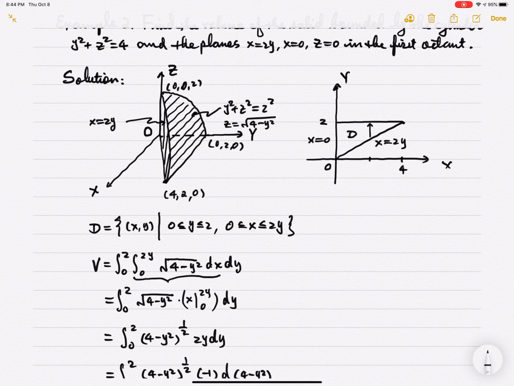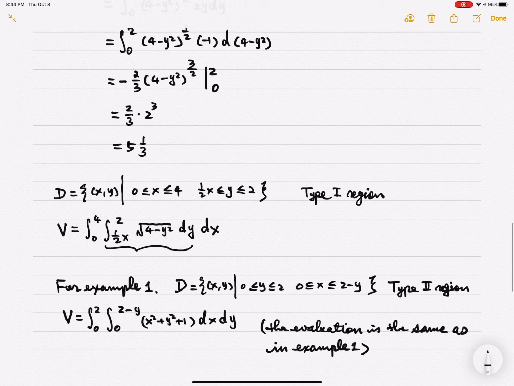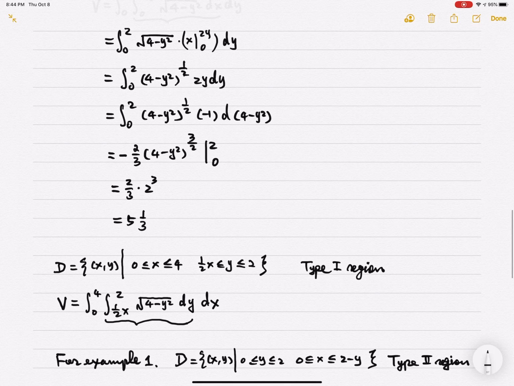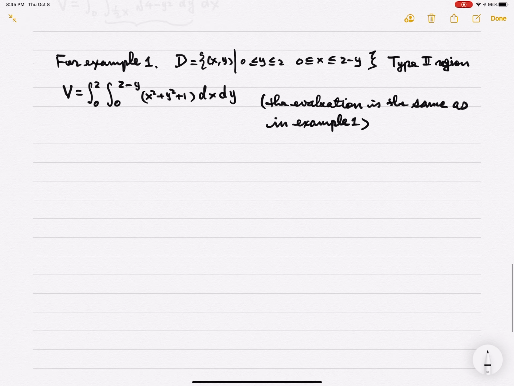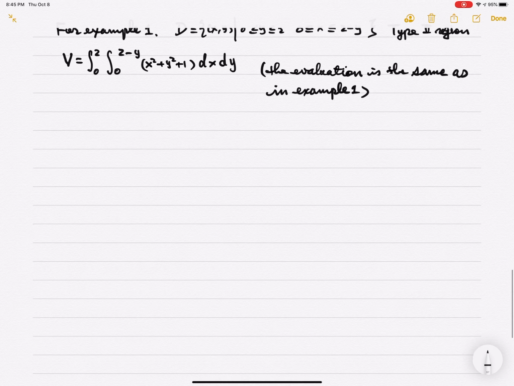When you look at the region, maybe you have both, or maybe you need to break it into two planar regions, or it's more obvious that one is easier than the other. So we need to think about how to choose. Here in example 2, you already see one is easier than the other. And sometimes we're going to see there's only one way to describe the region.